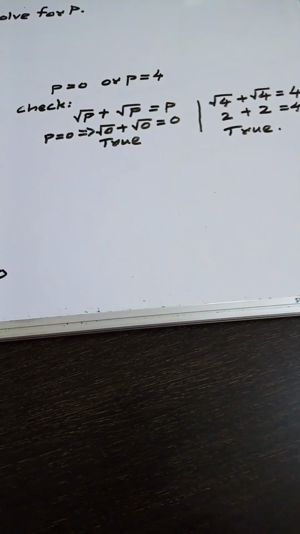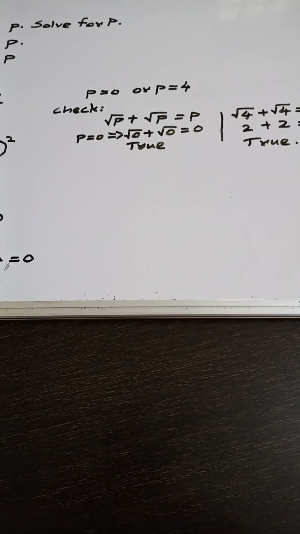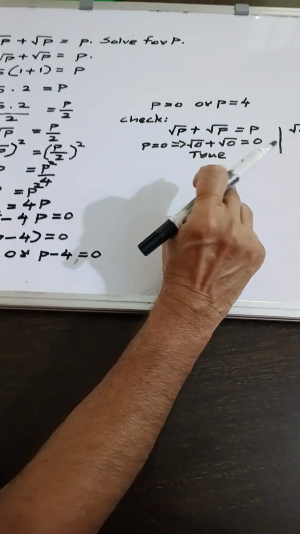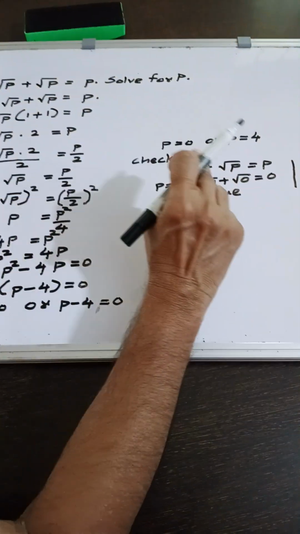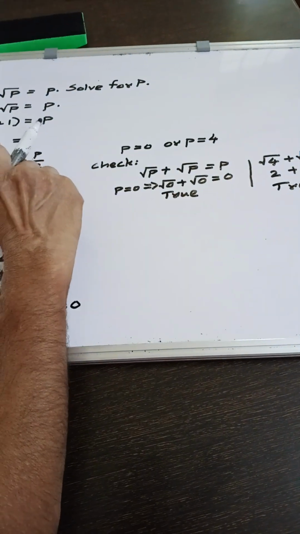When we solve the equation, we get two values, p equals 0 and p equals 4. When we check p equals 0, we get the correct answer, true.